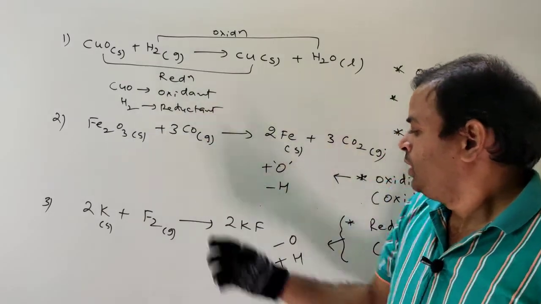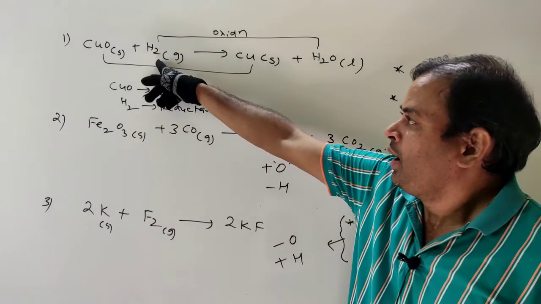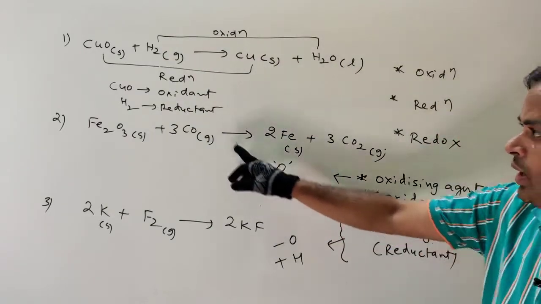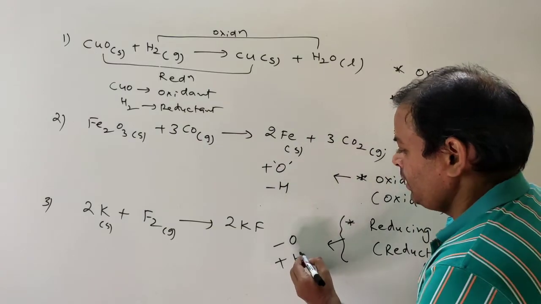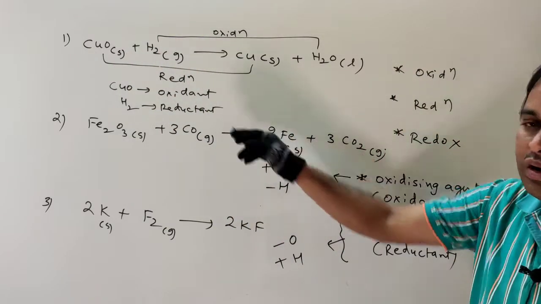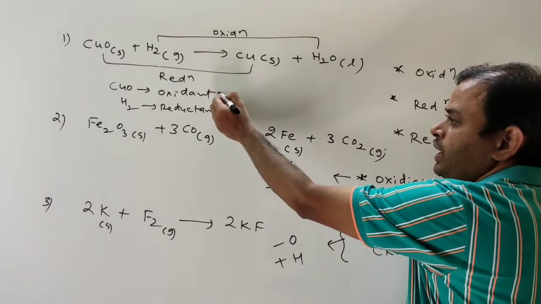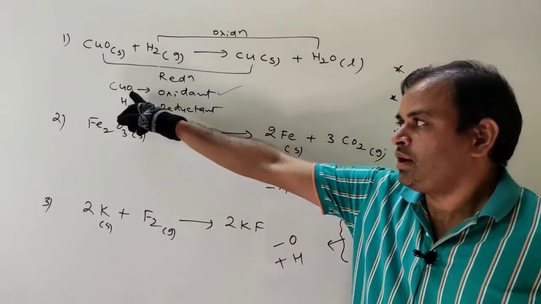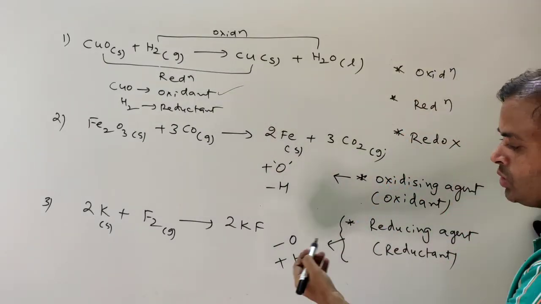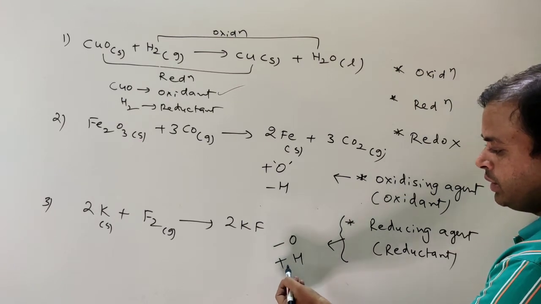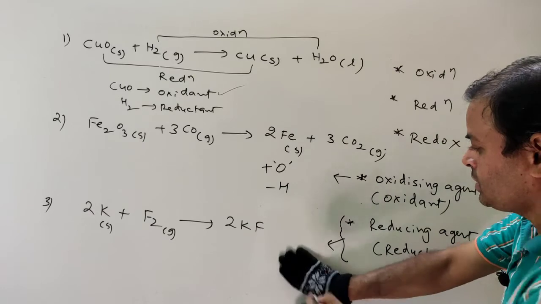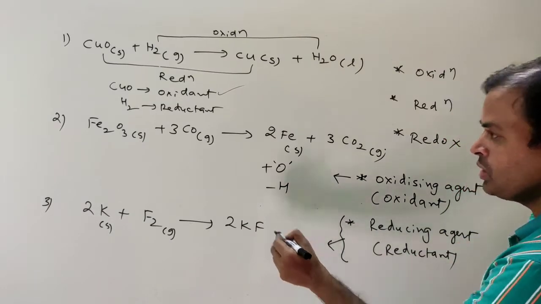And H2 converts into H2O. H2 gets oxygen from CuO, that's why it is called the reductant. As CuO supplies oxygen, it is the oxidant. A reducing agent means which supplies hydrogen or which removes oxygen.